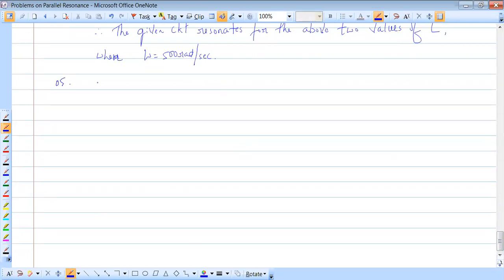Problem number 5, very similar problem: determine the value of R subscript C for which the following circuit resonates.